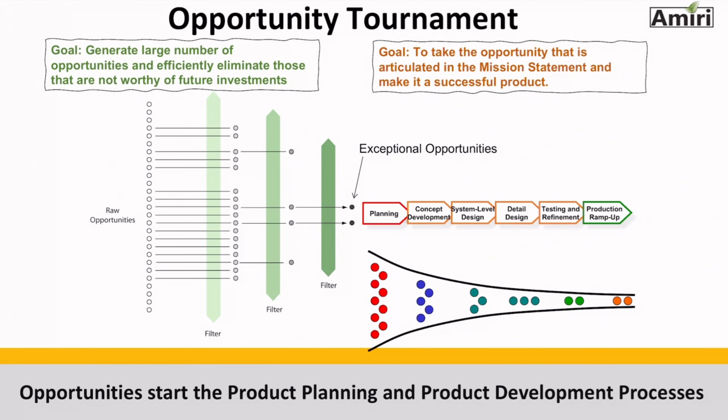In order to create opportunities, select them, and move on to product development, this whole thing is known as an opportunity tournament, or you can think of it as a creative or innovative tournament. You're trying to generate some innovative solutions and move on.